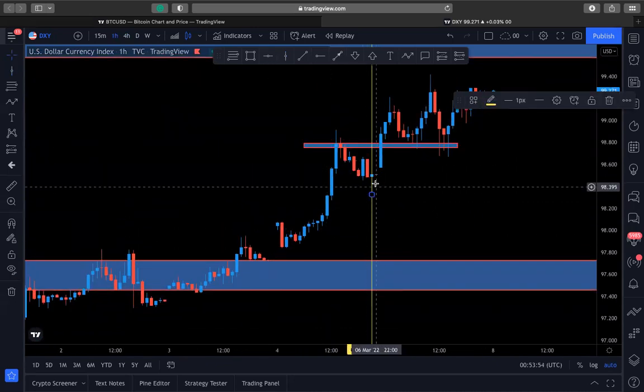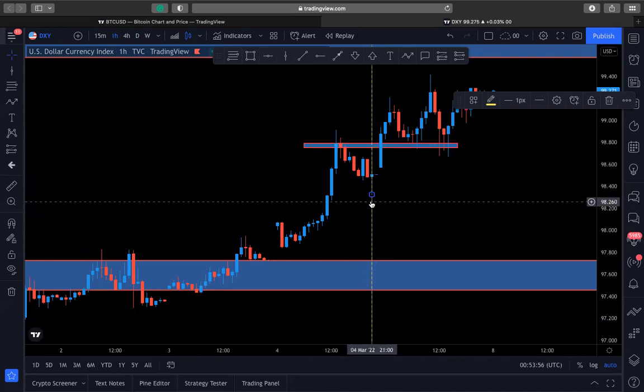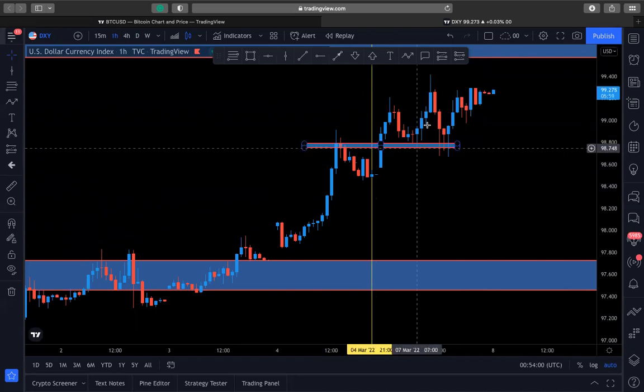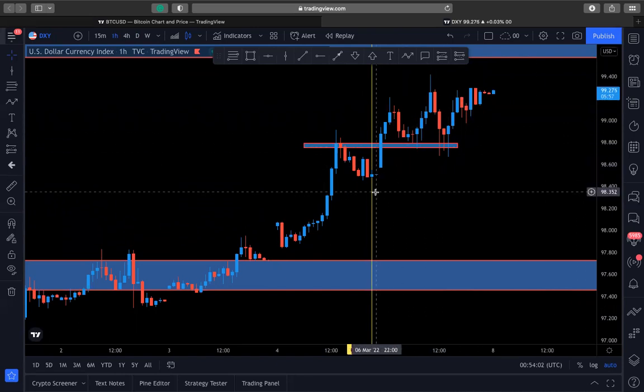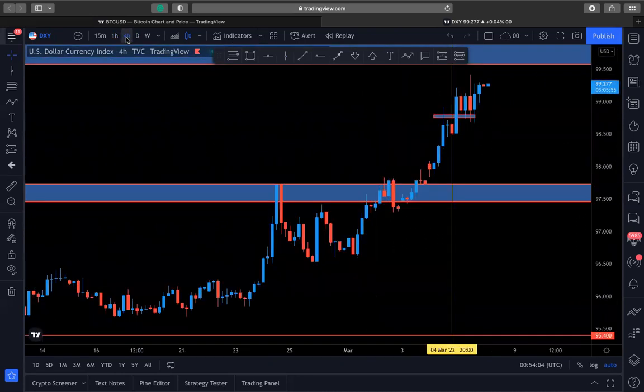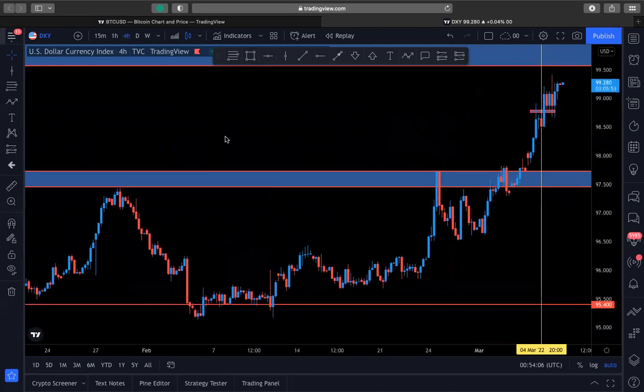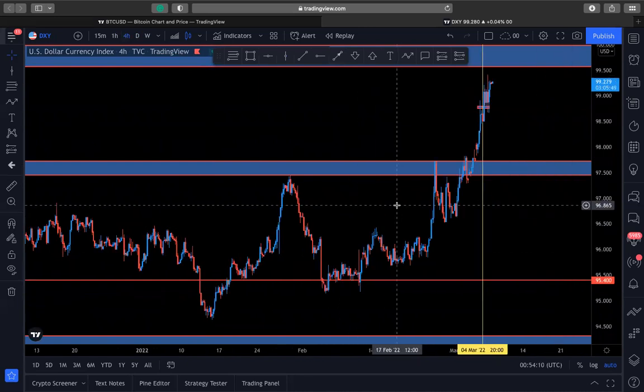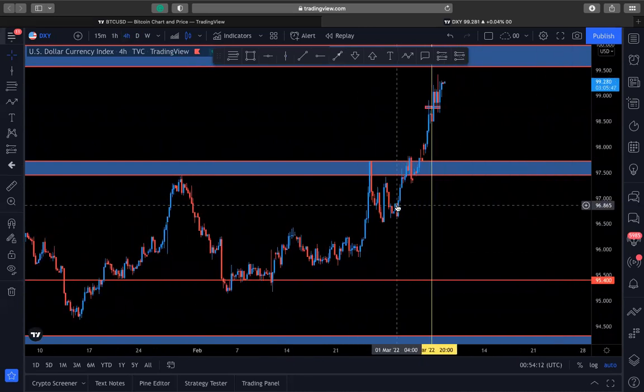All right, so this is the last day of trading last week, right? So everything past this line is this week's trading. So if we just go back to our 4-hour, we see price broke above this major resistance level. And what we typically want to see is a break and a retest of these levels, right?